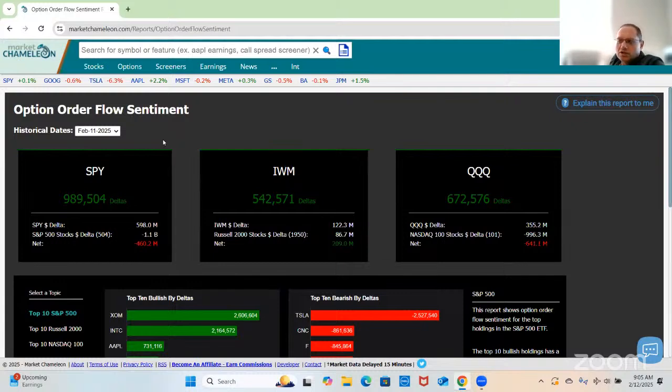When we look at an options trade, you could have one contract that trades. Well, one contract that's deep in the money could have a delta of 1 or 100, meaning that it moves 1-for-1 with the stock. If the stock goes up $1, the option goes up $1. The stock goes down $1, the option value goes down $1.